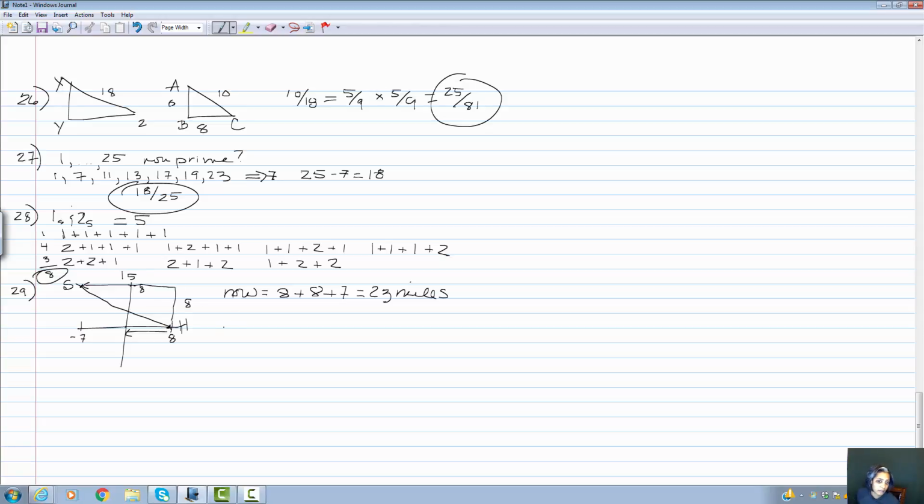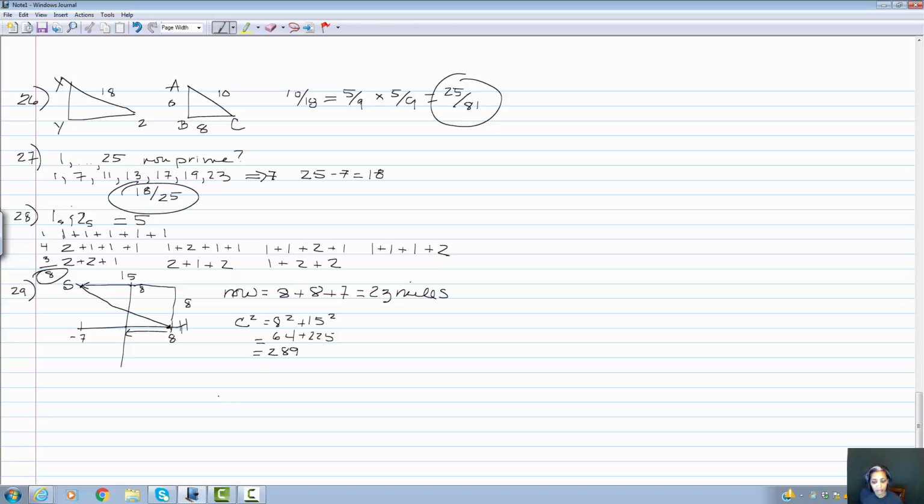So c squared equals 8 squared plus 15 squared, which is 64 plus 225, which is 289.